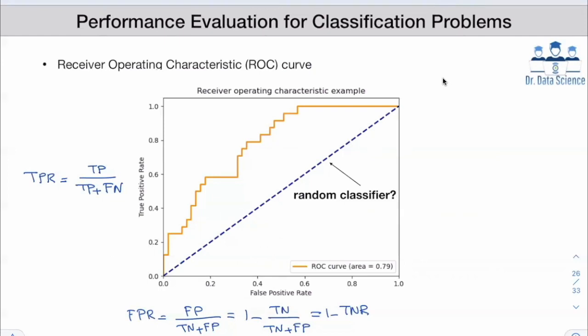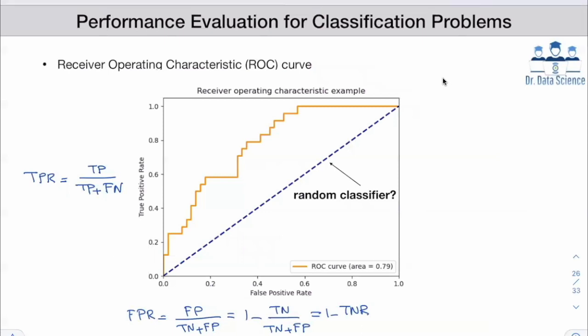And the key thing is how these true positive rates and false positive rates change as we move that threshold. You can see here we have this classifier shown in orange, with the true positive rate and false positive rate for each of these thresholds, and this gives us this picture. So it shows us the trade-off between these two metrics.